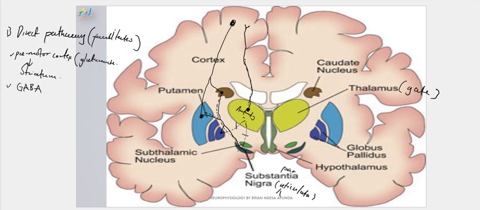The increasing and the reduction of the intensity of that movement is what we refer to as modulation, where you can increase, normally via the direct pathway, or you can decrease using the indirect pathway that we'll examine in a minute. So we should be able to stick with this particular demonstration. So that represents the indirect pathway.